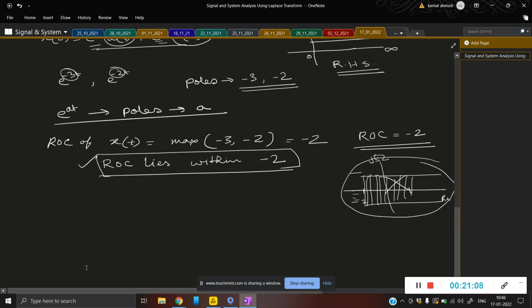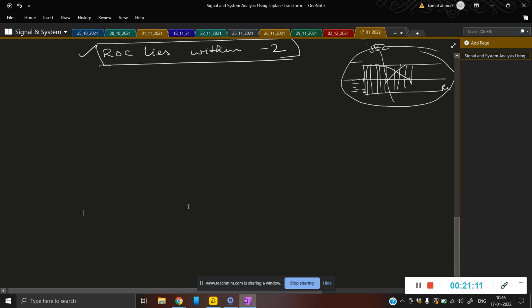Now I am taking another example and quickly you will answer by seeing the question. Okay, let x of t equal e to the power -4t u of t plus e to the power 3t u of minus t. Then quick, tell me what is the ROC by seeing the equation.